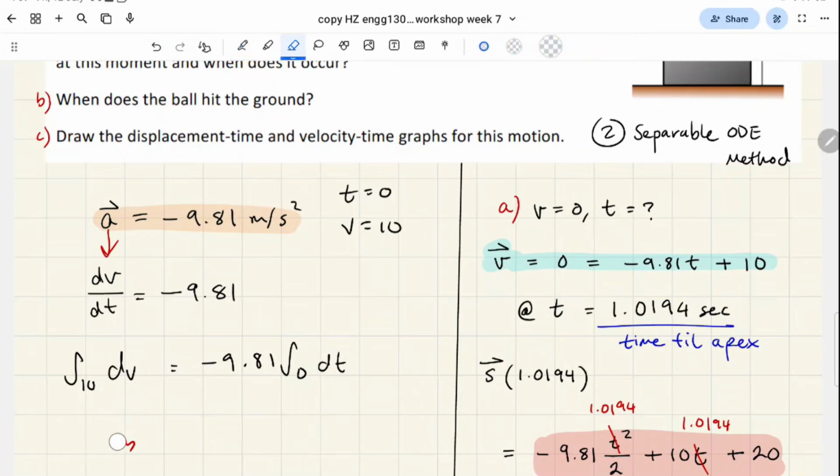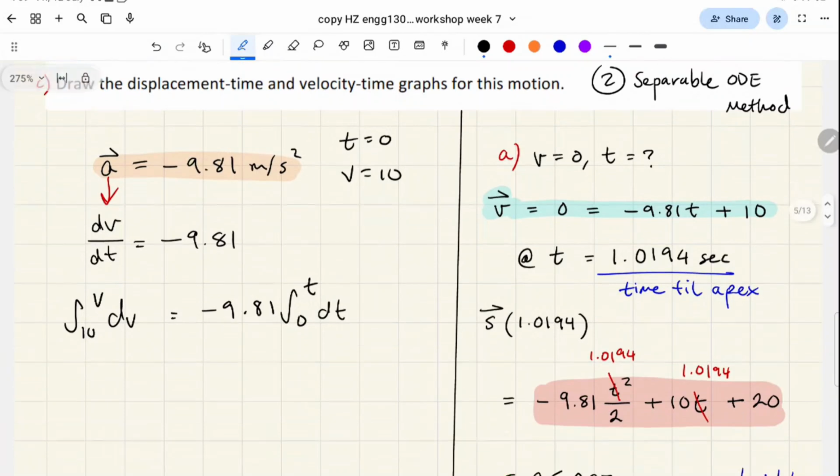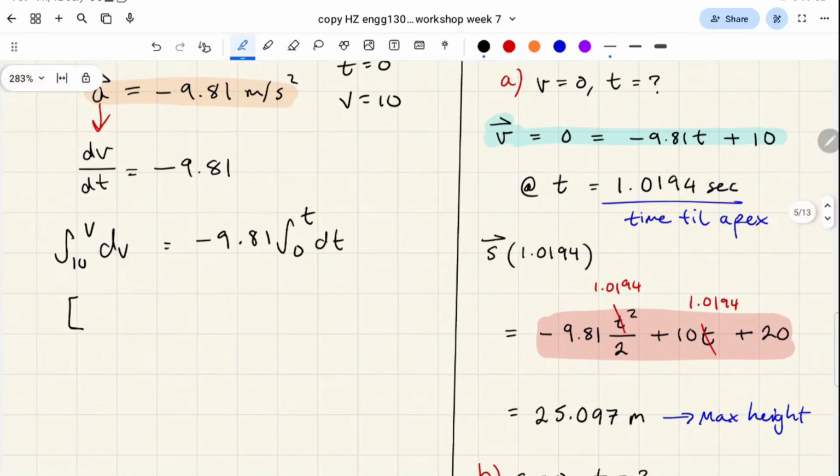Okay, next we're going to set our upper integral bound as an unknown. The unknown we're going to set it as is v on the velocity side, and t for the time side, right? Once we solve these, you get v.